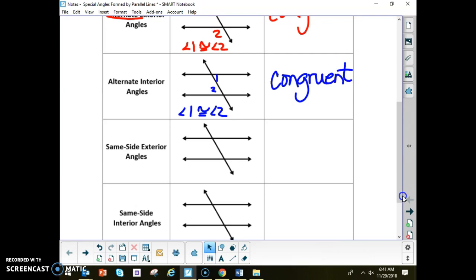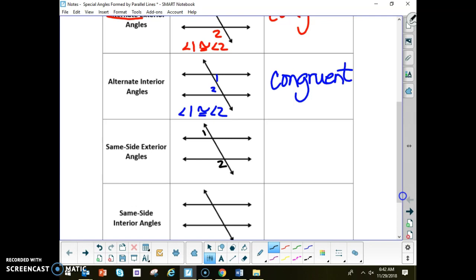All right, same side exterior. Exterior means that they're on the outside, and same side of the transversal. So I would look at angle 1 and angle 2. Both of these angles are outside, so they're exterior, but they're on the same side.